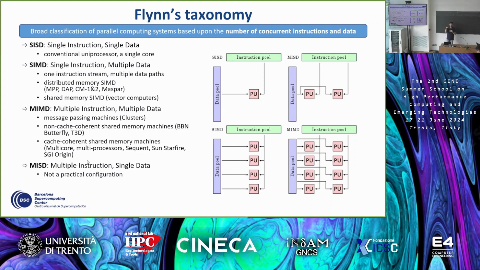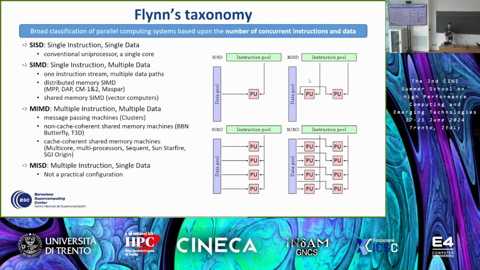You can have one instruction operating on one data, right? That's basically this side of the plot. Then you can have multiple instructions operating on a single data, that is MISD, multiple instruction single data.